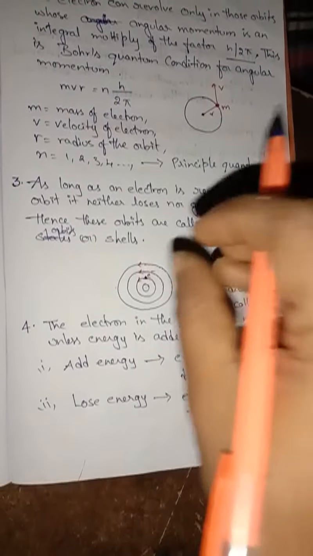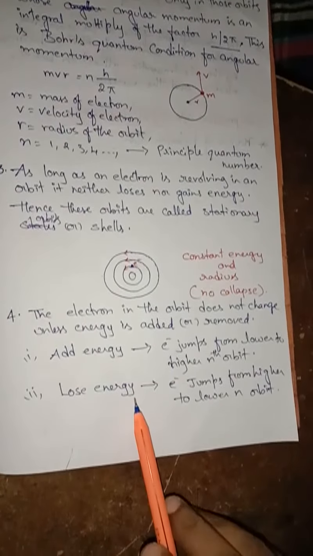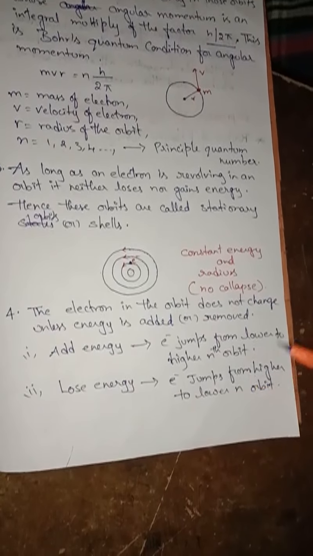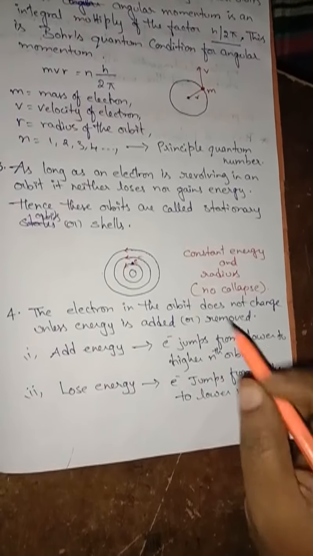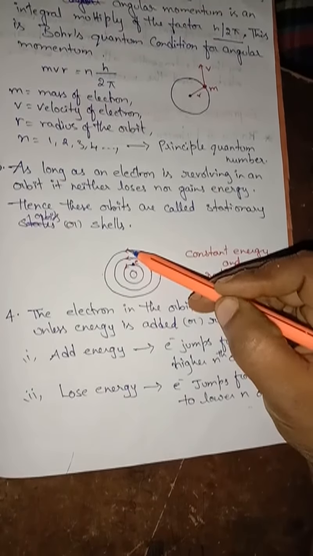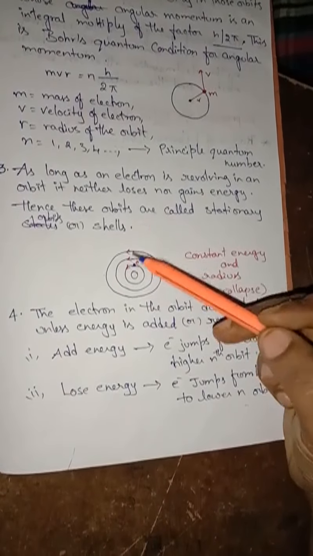Next, if it loses its energy, what happens? The electron jumps from the higher orbit to the lower orbit. If the electron is present here, it radiates the energy, and then it comes back to its original position.